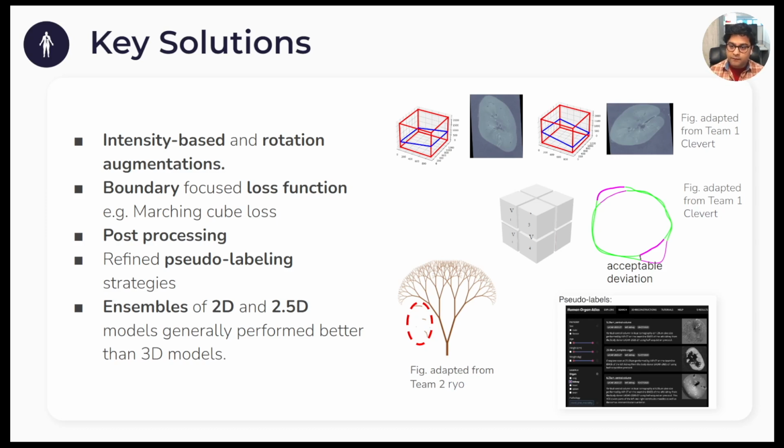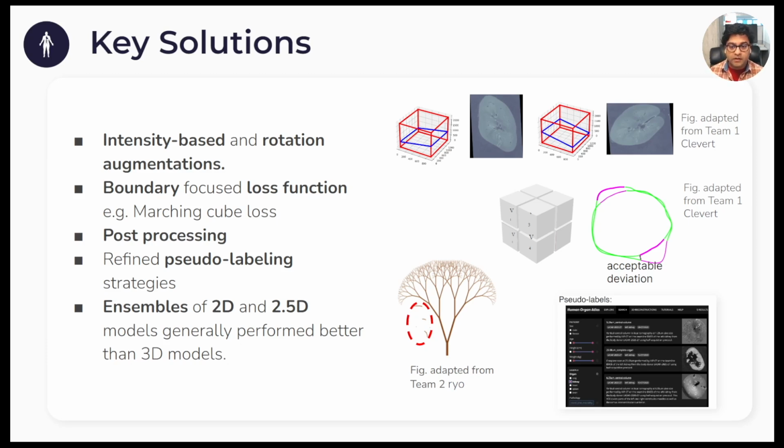But across the 5 winning teams, there are certain techniques, certain strategies that really helped these teams create models that were able to get closer to solving this challenge. One of the important things that all the different teams used were intensity-based and rotation augmentations in their training data sets, but also in some cases at inference time.